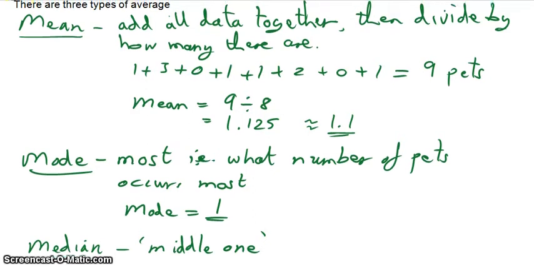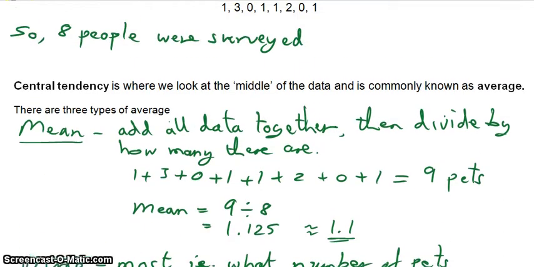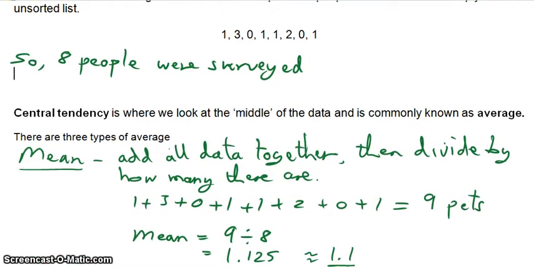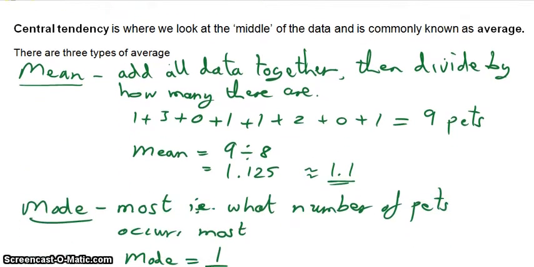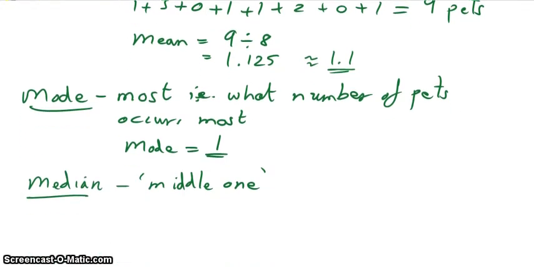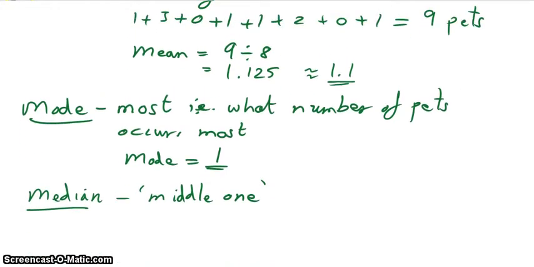In this case, we've got to find the middle. Because this is raw data, it could have come at us in any order whatsoever. So for the middle one we have to arrange them first, smallest to biggest, or biggest to smallest. So let's arrange in order.